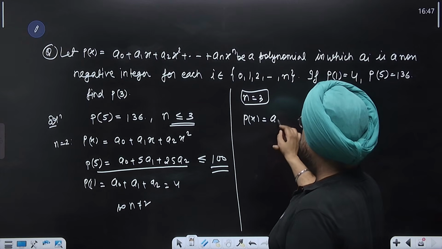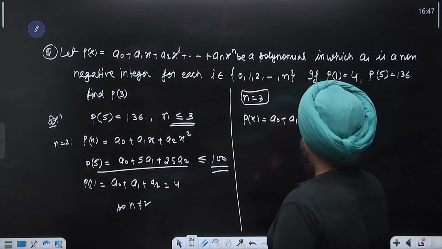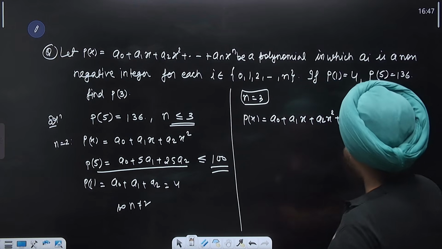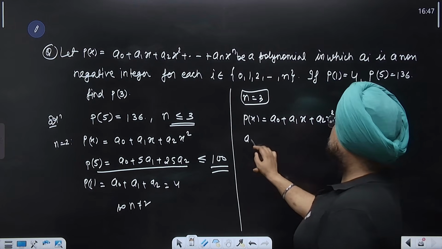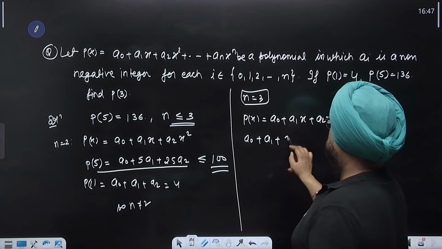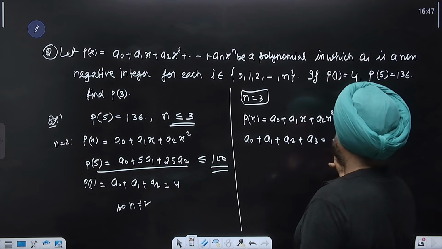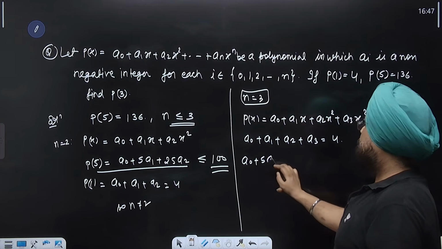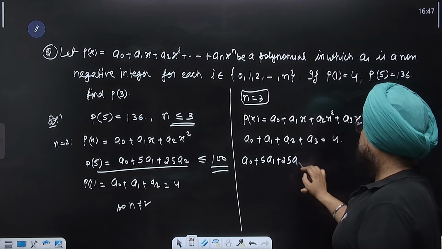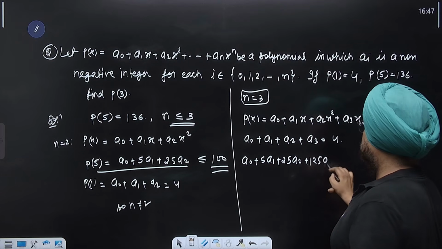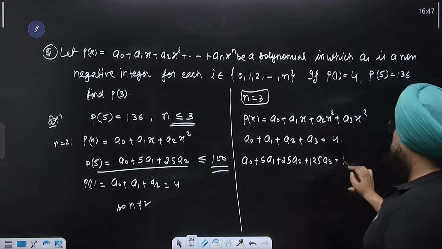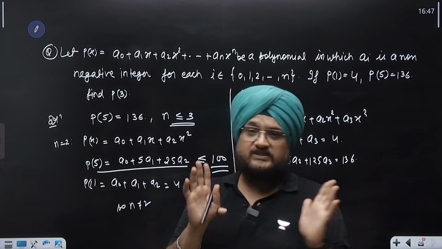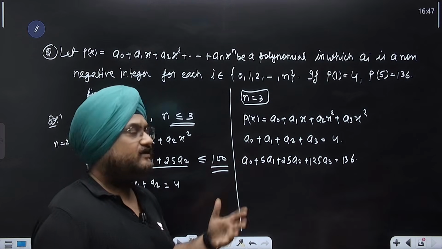The polynomial is a cubic polynomial. Now P(1) is equal to 4, and P(5): a0 + 5a1 + 25a2 + 125a3 is equal to 136. a3 cannot be 0 because it is a 3-degree polynomial.